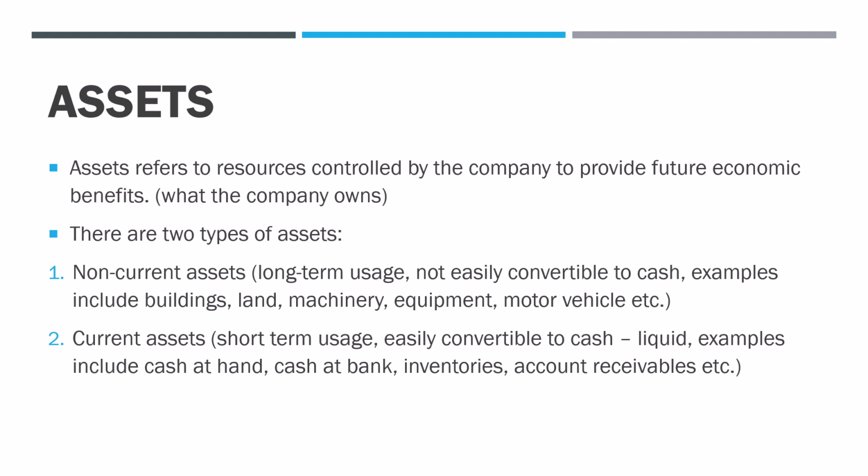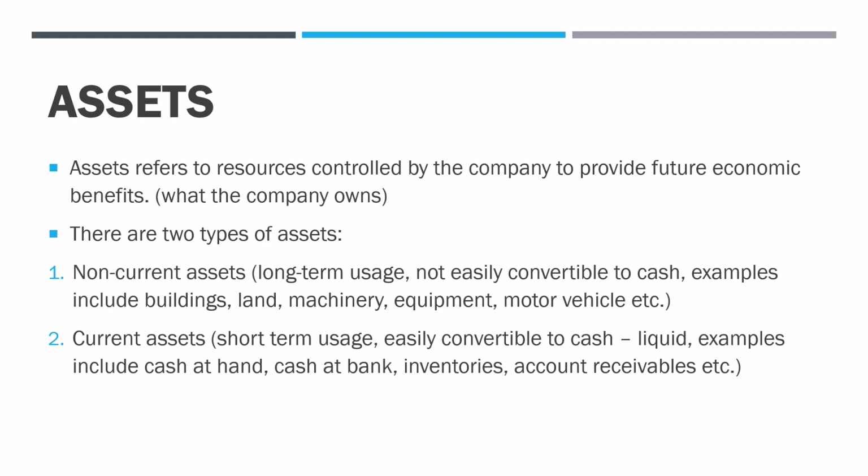Examples provided are cash at hand, basically referring to physical money, cash at bank, money in the company's bank account, inventories, basically referring to the goods the company intends to sell, and also accounts receivable, basically the money that customers owe to the company. So, in short, assets are everything the company owns, split into long-term and short-term items.